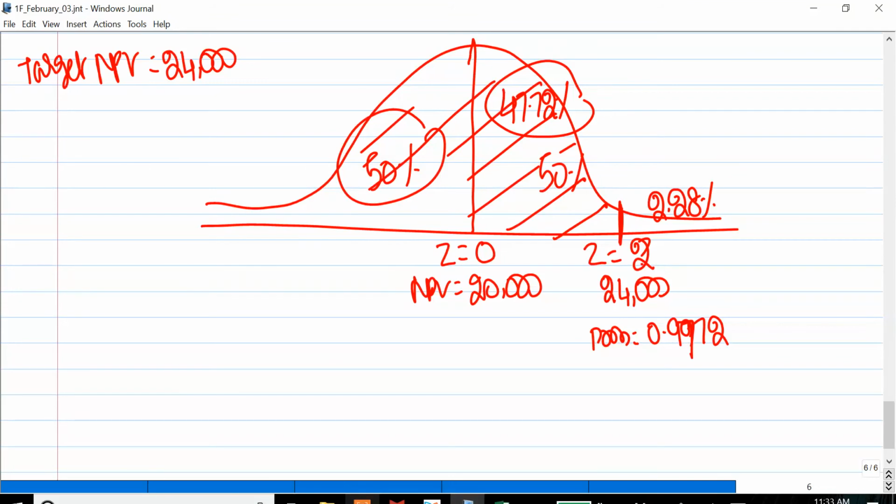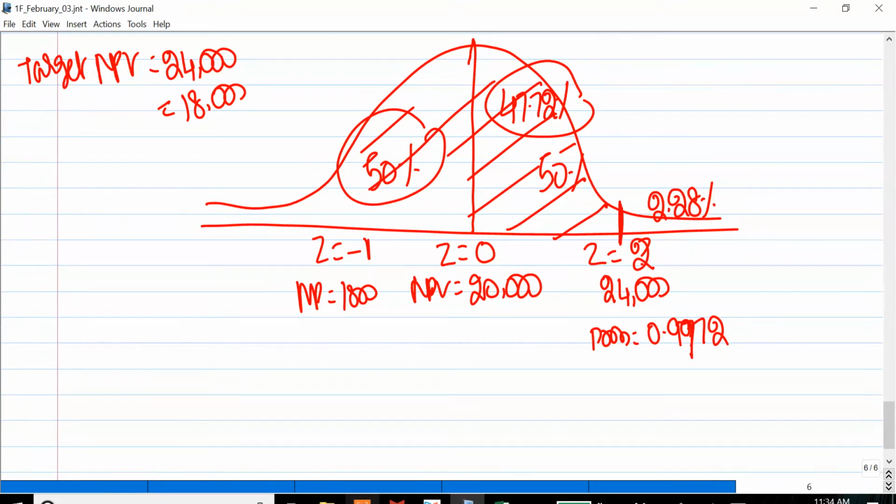Now, if somebody wants to know what is the target, I give a target of, let's assume, 18,000. 18 minus 20 divided by 2000, Z is minus 1.